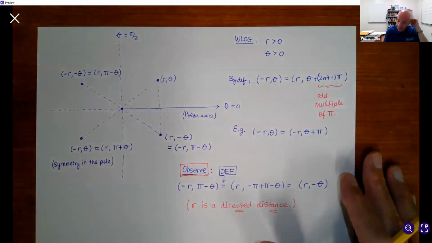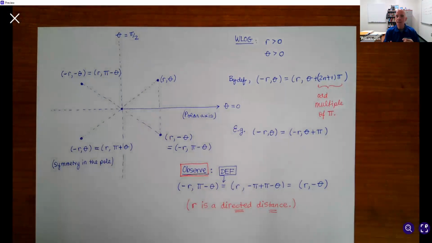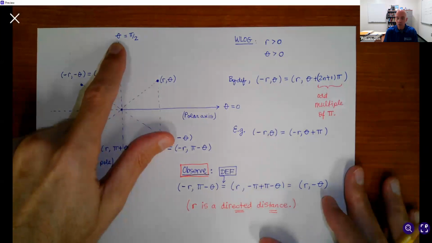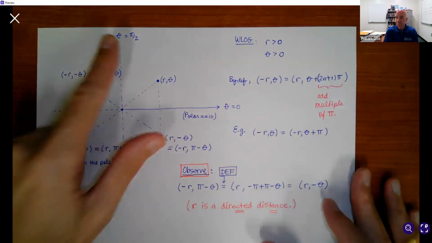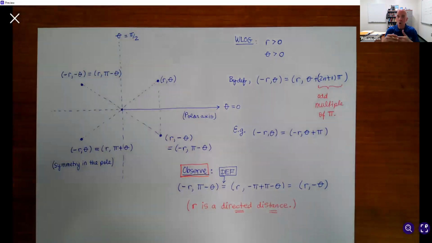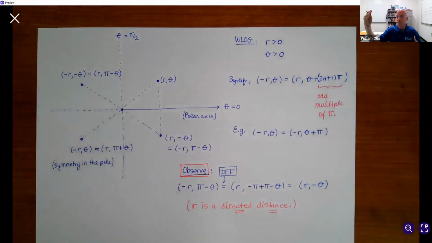So what you're seeing is that polar coordinates can be very useful because their description of certain geometric objects is very simple. Lines can now just be replaced with a value of theta, and we're done. And then, of course, r would be free, so you get the expanse of the line.